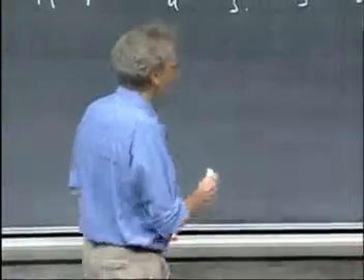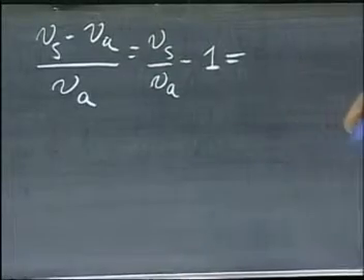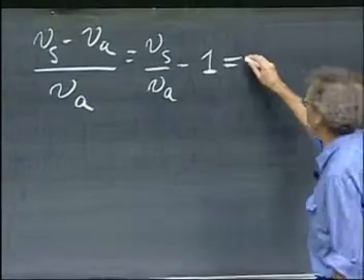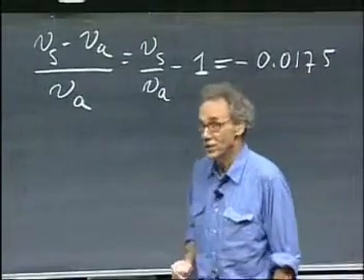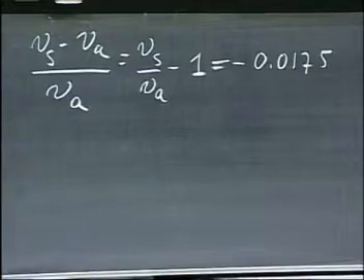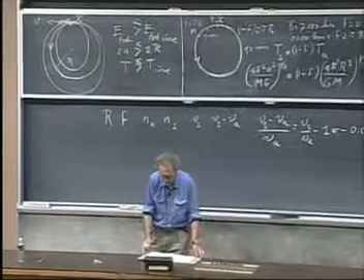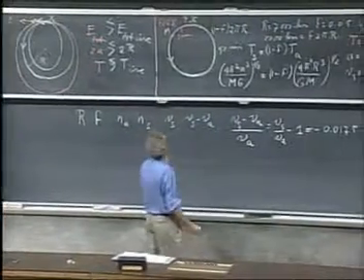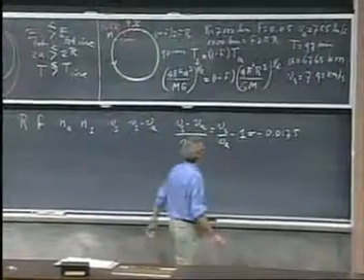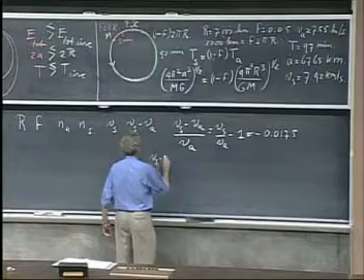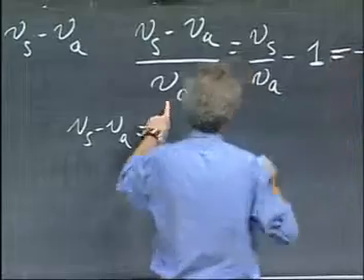I'll give you an example. Suppose for this dimensionless number you find minus 0.0175, which is the solution for n_A equals 1 and n_S equals 1. The computer will generate that number for us. If now we take our orbit of 7,000 kilometers, we know what Va is, and so we can calculate that Vs minus Va is Va times that number, and we know Va is 7.55.